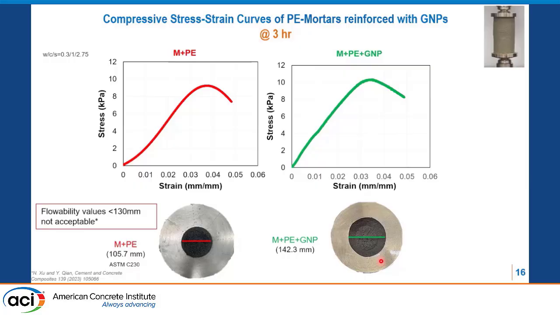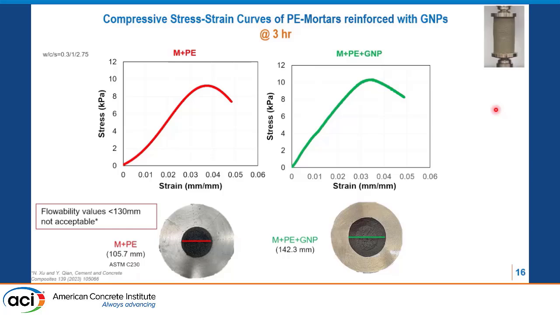From the results shown in this slide, we observe that few-layer graphene nanoplatelets, as you can see on the right part of this slide, when compared to mixes with only PE fibers, have a great effect on the load capacity. And graphene has also shown an additional effect on the flowability. As shown here in the slump values on the bottom part of this slide, low water-to-cement ratios give extremely low flowability values, technically not acceptable for 3D printing.